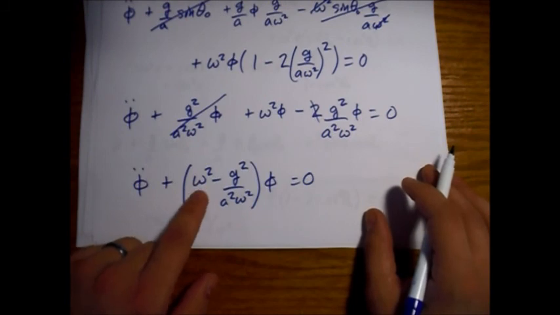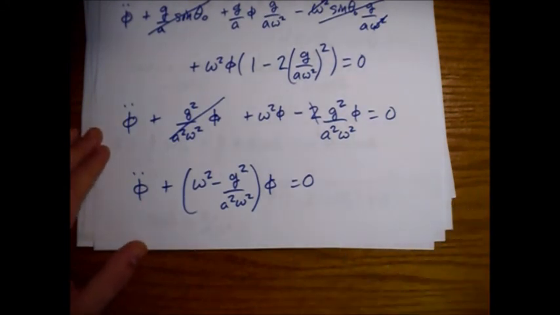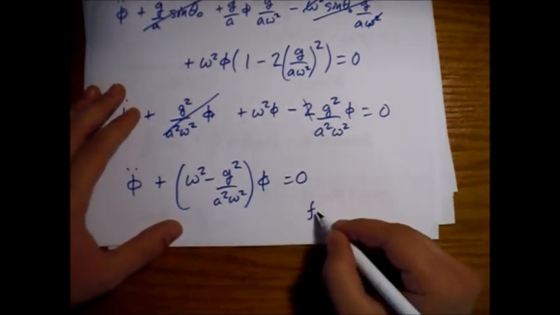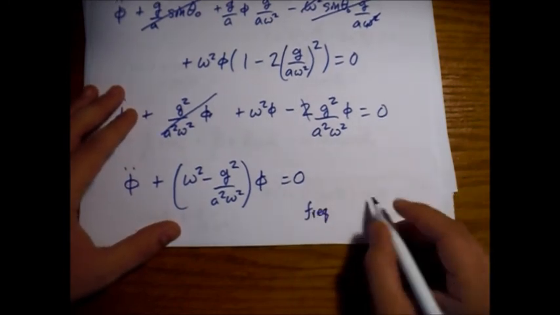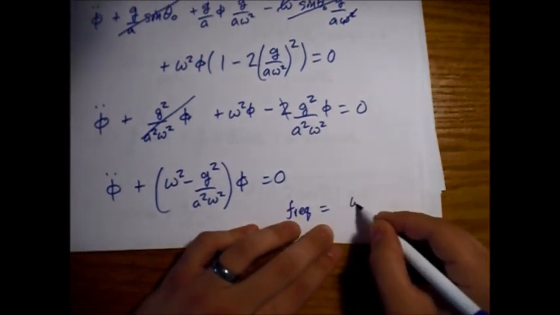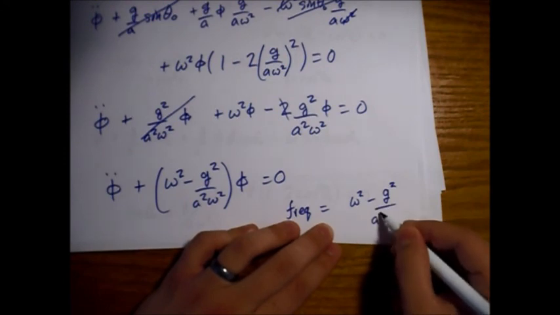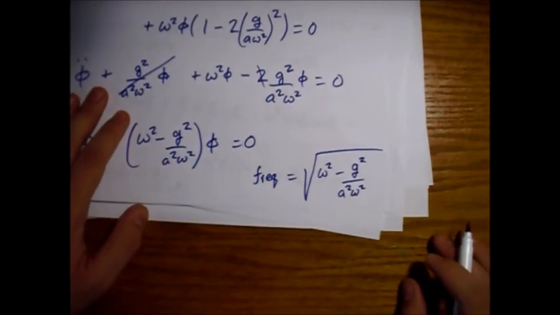This must be positive because we are at a frequency above that critical frequency. So the equilibrium is stable with frequency of oscillation as omega squared minus g squared over a squared omega squared, and all under a square root.